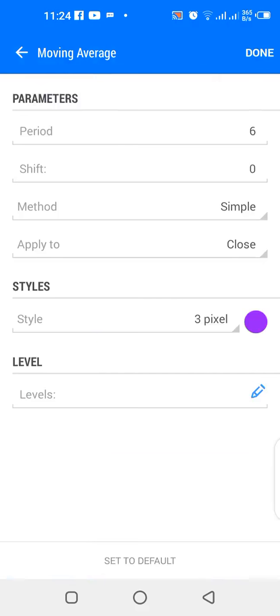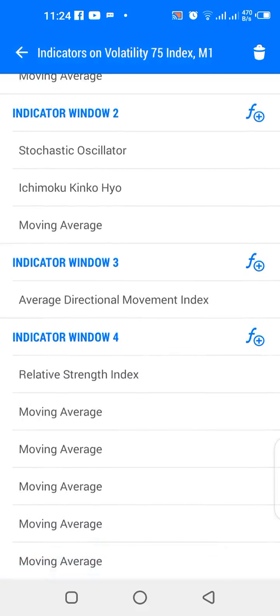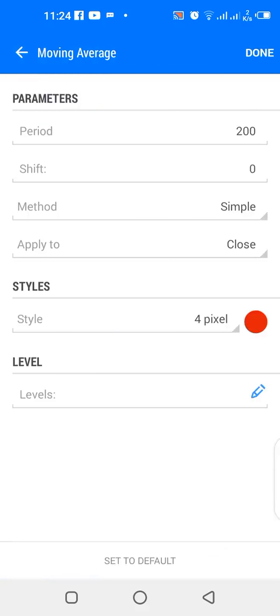Okay, now we have 5 moving averages. The first one, this is the first one, 200 period simple moving average. It's applied to close, and the color is red.